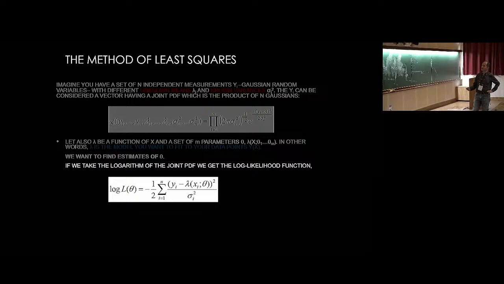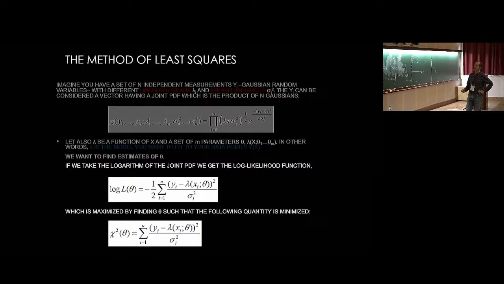It's just a minus 1/2 times the sum of these quadratic terms. You see how easy life is if you have a Gaussian PDF. Its logarithm becomes a sum of squares, okay? And then forgetting the normalization terms, this is basically what you want to maximize.